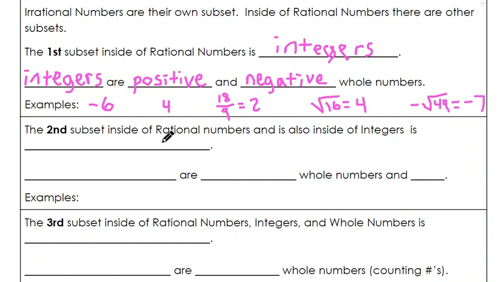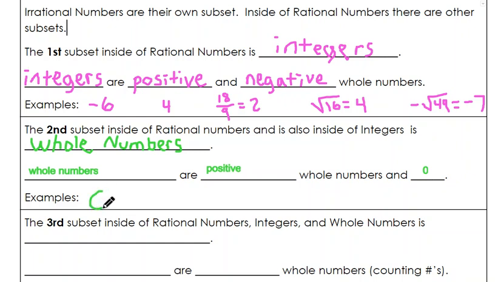The next subset inside of rational numbers, so it goes rational numbers and then integers, the next subset after that is called whole numbers. So it goes rational numbers, integers, and then whole numbers. And whole numbers are positive whole numbers and 0. So what do I mean by that?